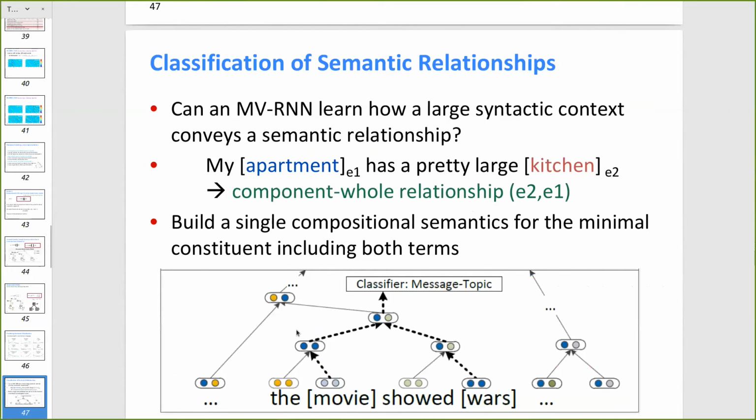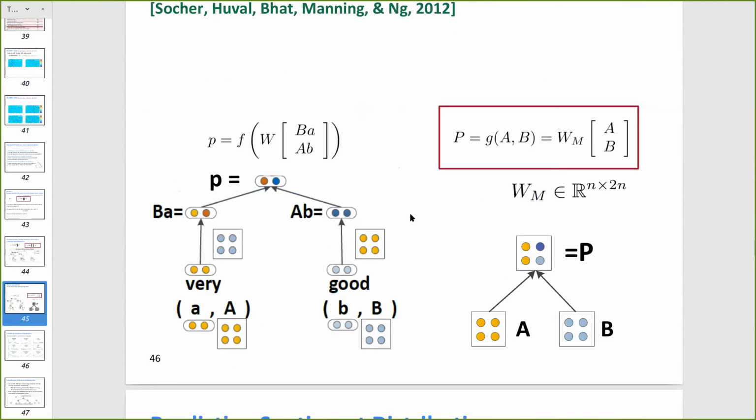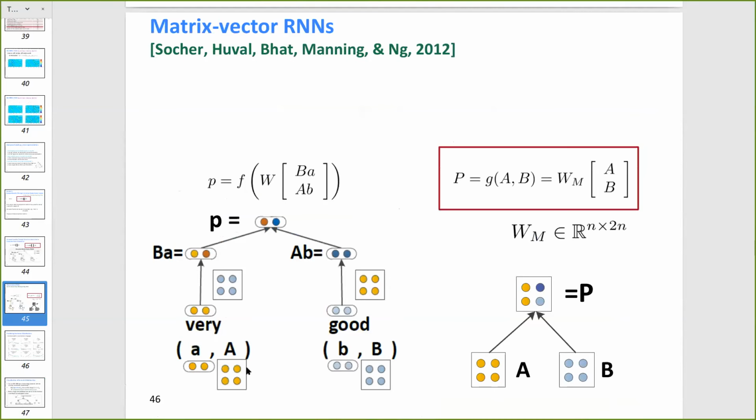Mm, yeah, and what's the dimension of this matrix? I'm not sure, but it is huge. Compared to the dimensionality of the vector, these matrices are much bigger, and that's one problem with this approach. Normally when we talk about vector representations, we have something like 128, 256, 512 dimensional word vectors, or even 1024, which is comparatively okay.